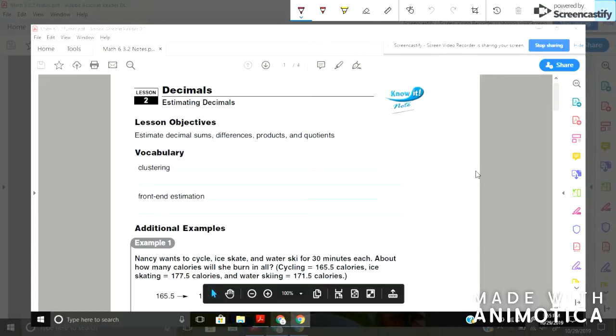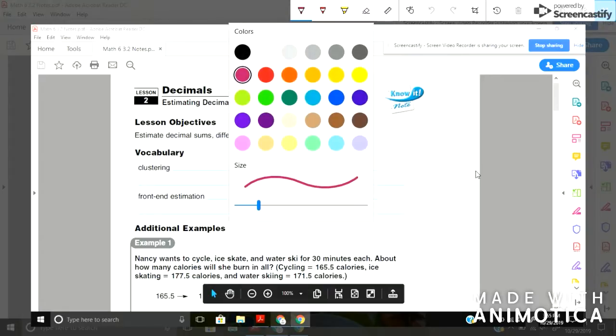We're going to start today with a little bit of vocabulary and talk about a few different ways in which we can estimate. So the first vocab word that we have is clustering.